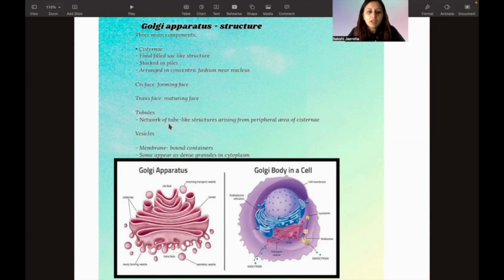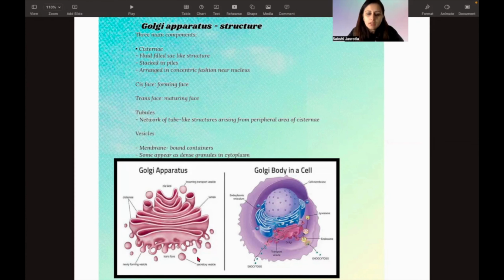Now, tubules. The network of tube-like structures arises from the peripheral area of the cisternae, from the sides. So tubule-like structures are present over here. The vesicles are membrane-bound organelles, and vesicles need not be attached to the main bodies here.